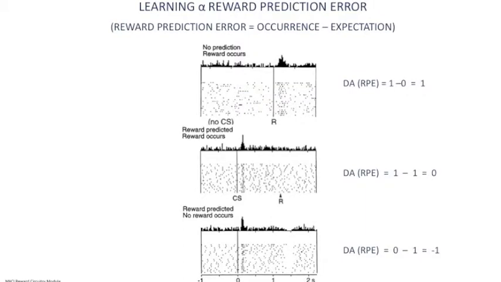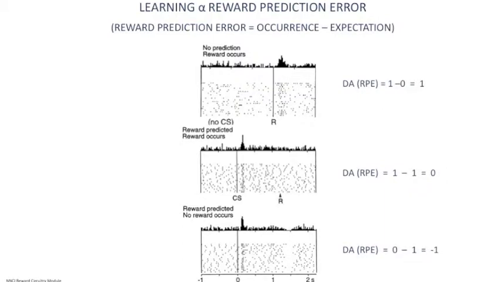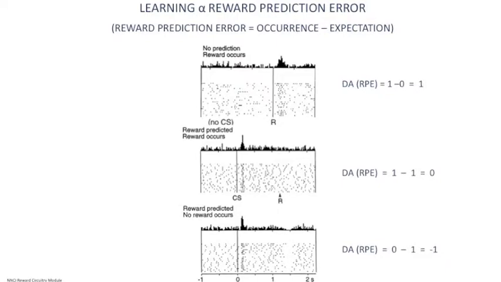They presented a visual stimulus, and then the monkeys could press a left or a right lever. The left lever pressing always resulted in a juicy reward. Initially, before learning, dopamine neurons exhibited higher activity only when the juice was received. This is precisely what is represented on the first graph.